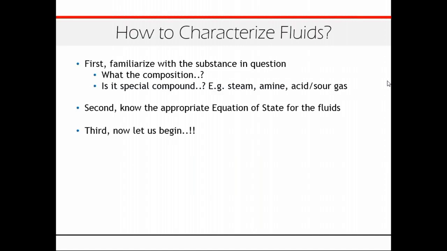So how do we characterize fluid? First, we familiarize ourselves with the substance.